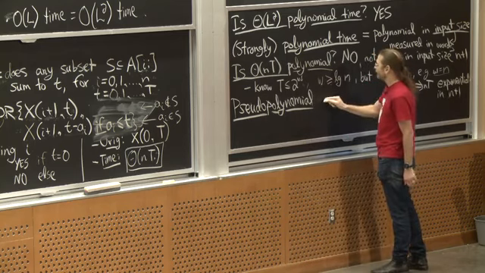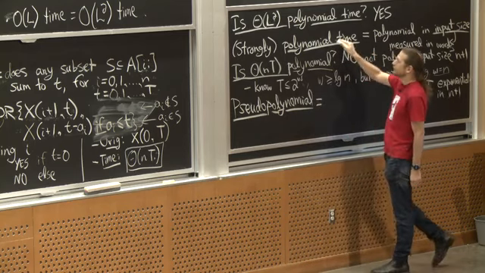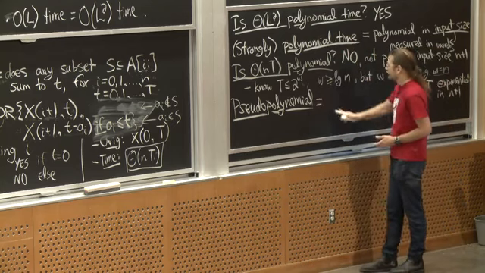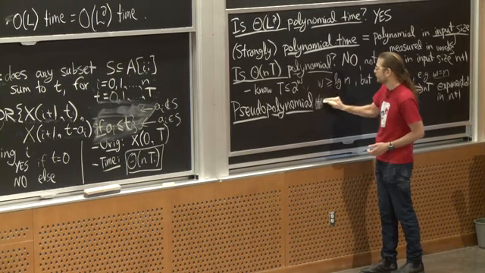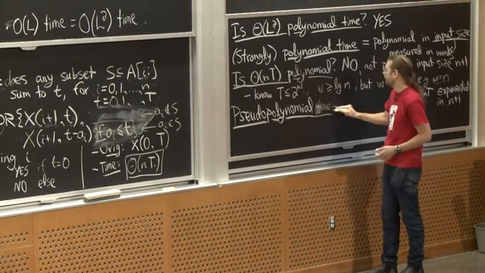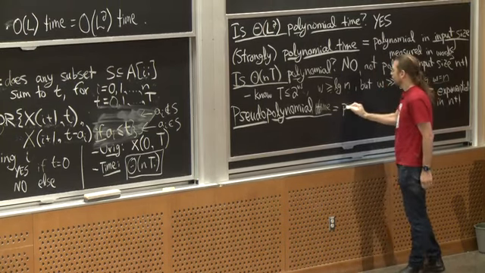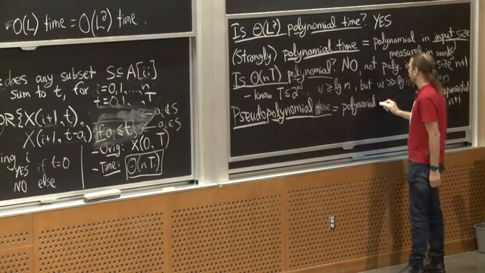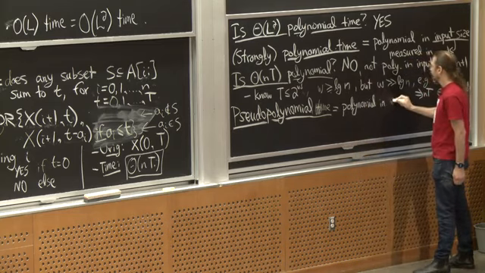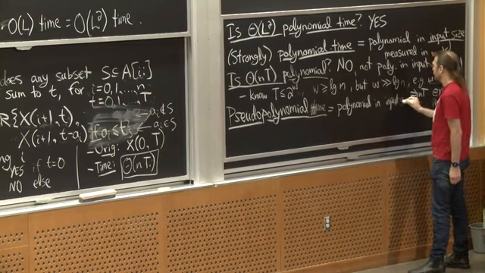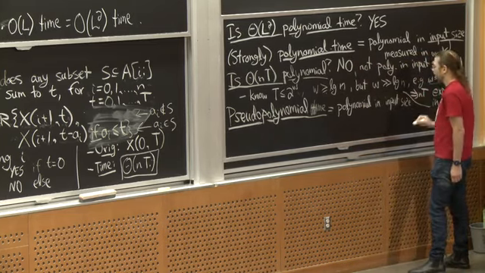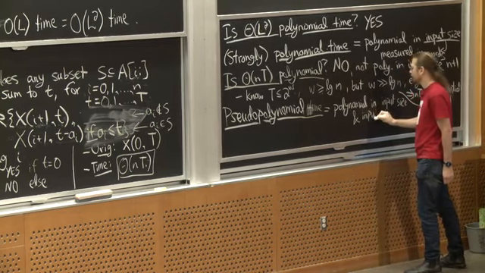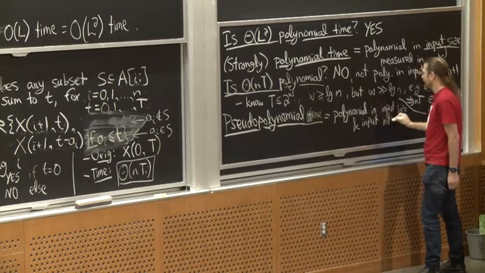And the definition of this term, so we have the definition of strongly polynomial time. Now, pseudo-polynomial time is that we're polynomial in the input size, just like before, and the input numbers, input integers.